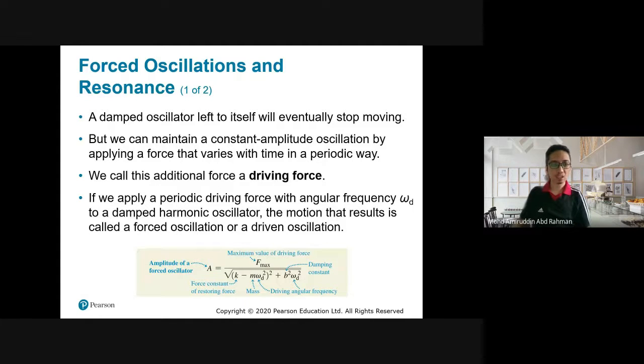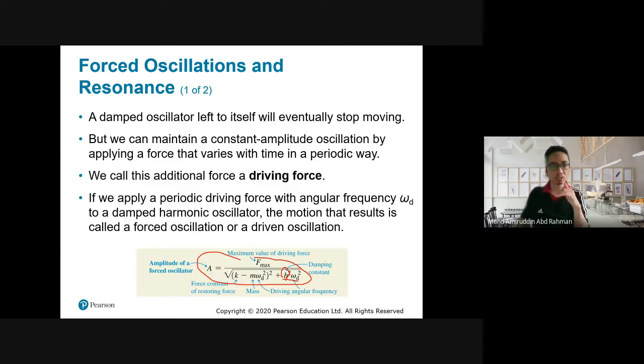But if we maintain a constant amplitude oscillation by applying a force that varies with time in a periodic way, we call this additional force the driving force. This is the equation we can use to solve that. We have the damping constant over here, this is the related angular frequency, and this is the driving force.